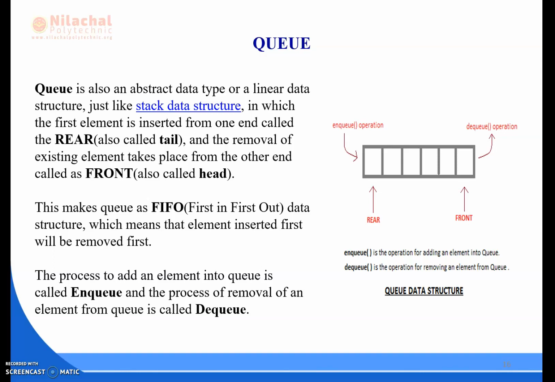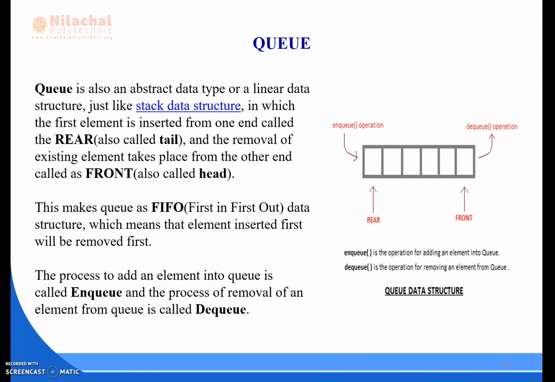The process of insertion is known as enqueue, and the process of removal of any element from the queue is known as dequeue. We can take the general example of queues that we make in a ticket hall or any queue line, in which the first person who enters the queue is the first person who comes out of the queue.